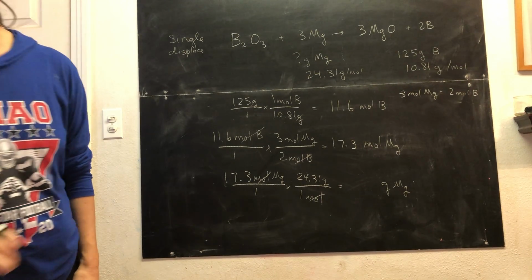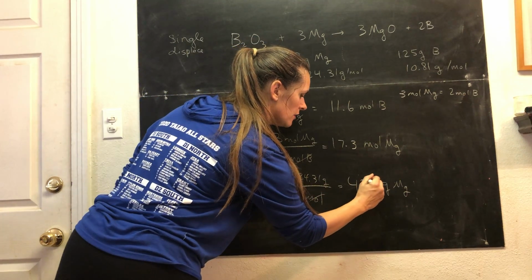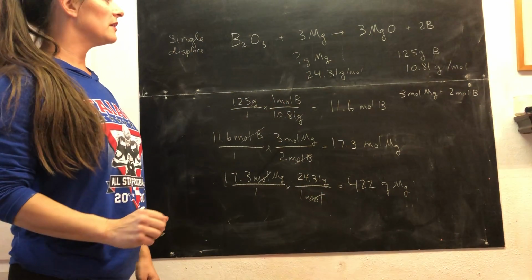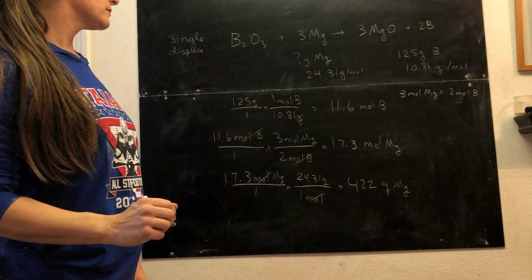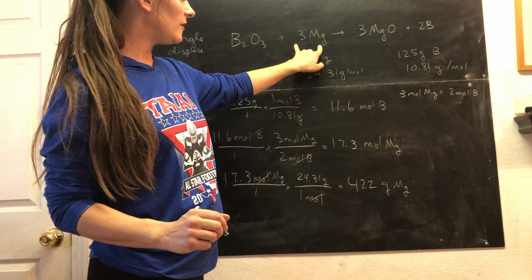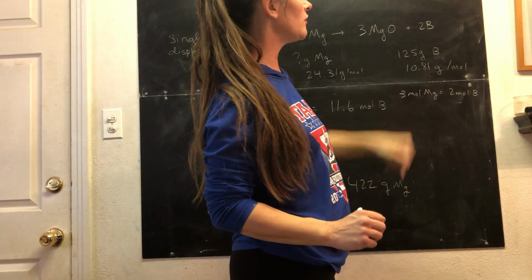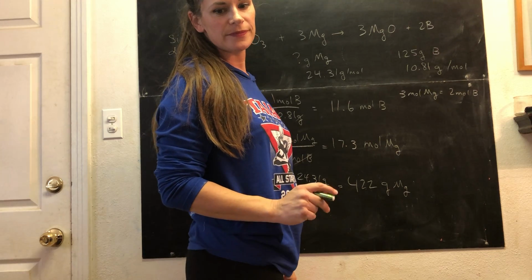We get 421.6. We have to round to 422 grams magnesium. So that's how much I need. This chemist needs to use 422 grams of magnesium in order to yield 125 grams of boron.